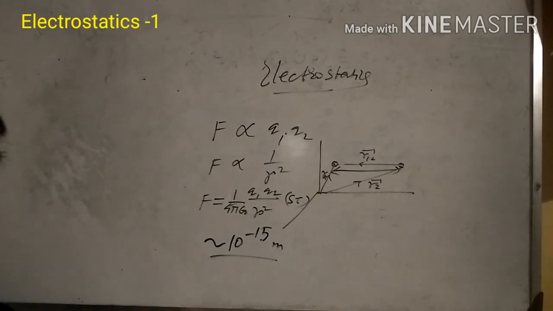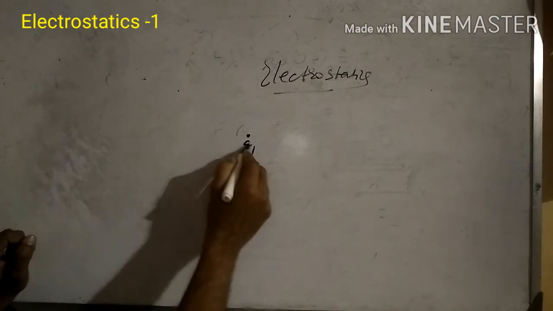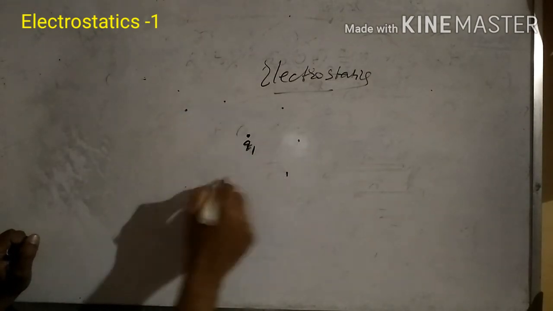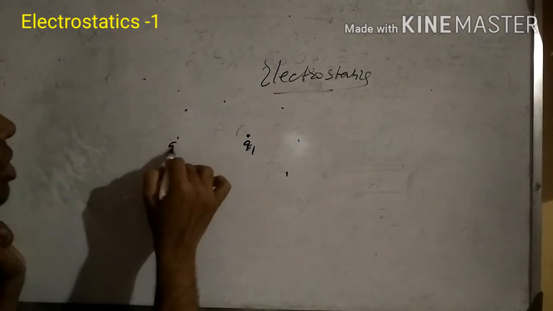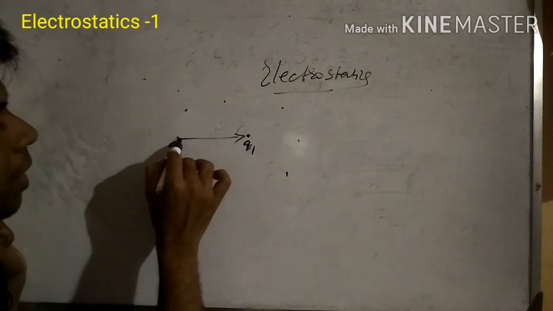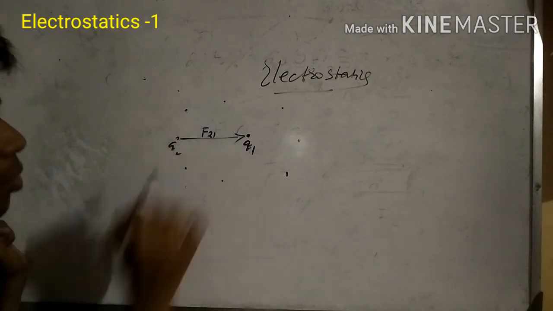Now we read about the principle of superposition. The total force on a charge due to a number of other charges is given by the vector sum of the Coulomb forces exerted on the charge due to each of the other charges acting separately. If we take a single charge Q1 and there are several charges surrounding it, Q2 acting independently on it gives a force F21.